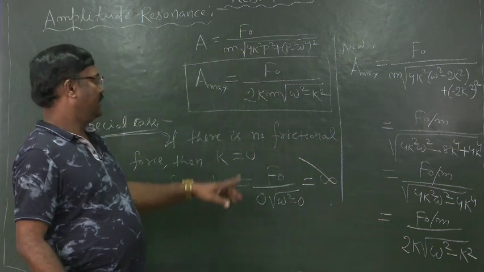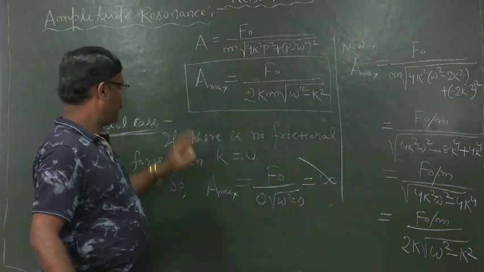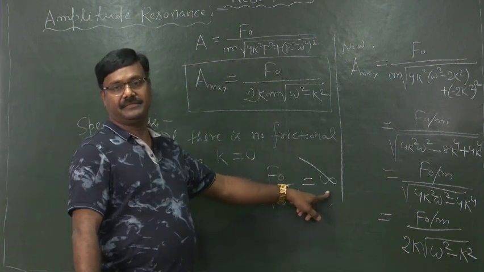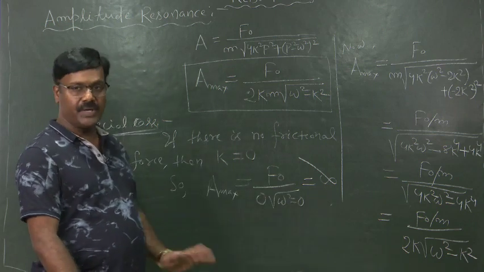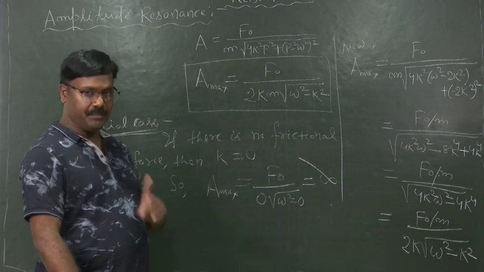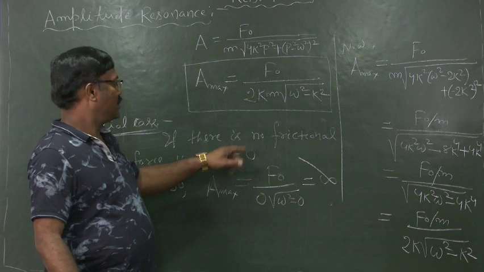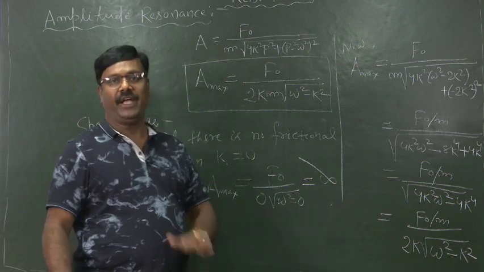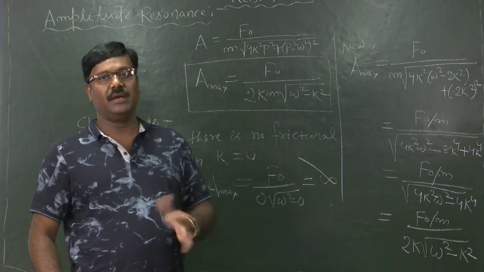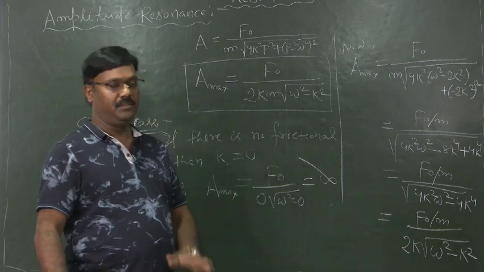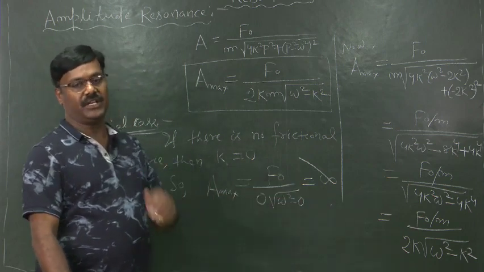That is, ideally or theoretically the amplitude becomes infinity at resonance. But this situation never happens because k cannot be 0. That means some frictional force exists. So, k cannot be 0, hence A max cannot be infinity, but theoretically A max will be infinity at resonance.